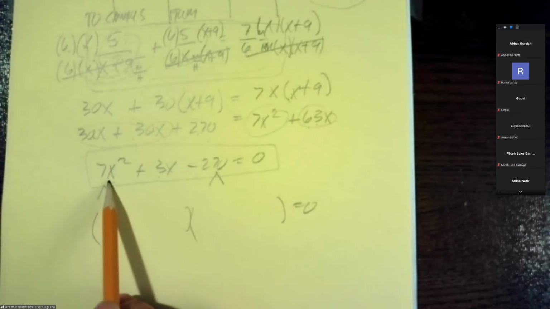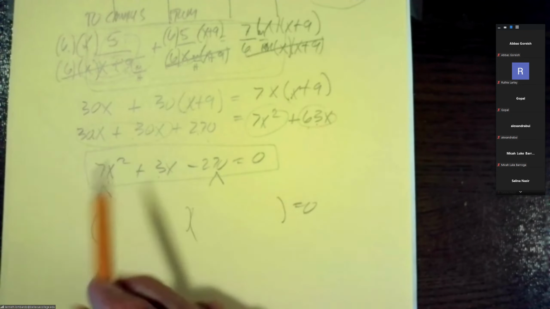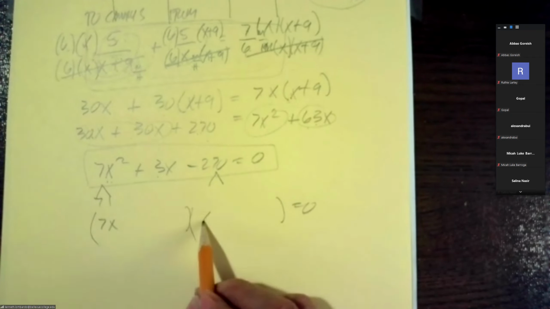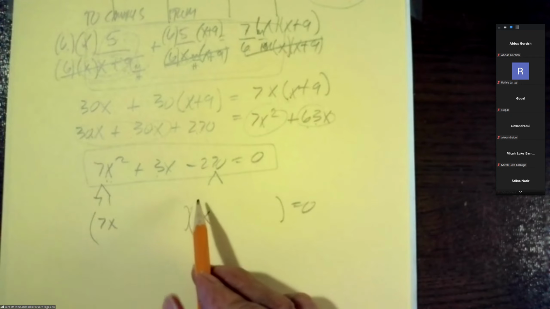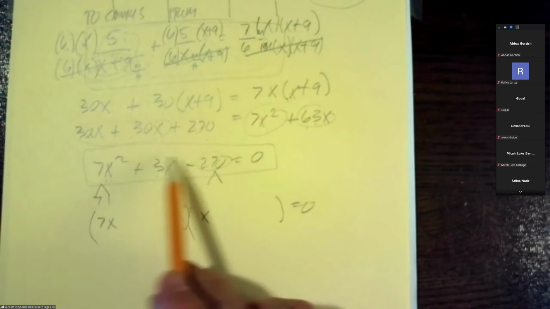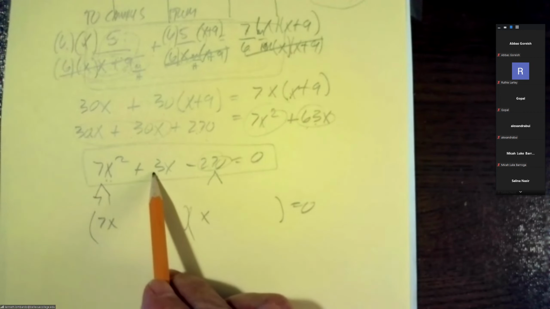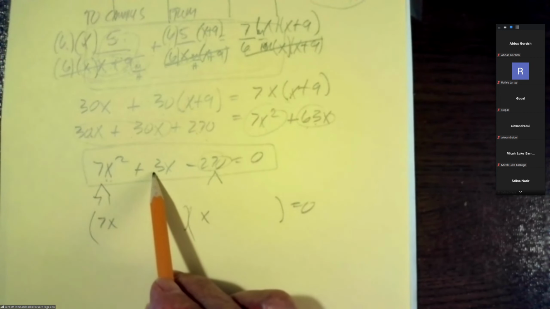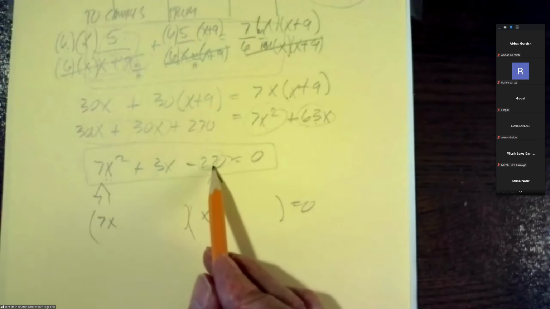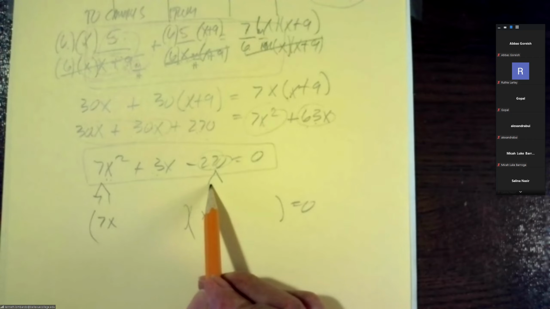Okay, so if that's the case, we just need to factor this thing. Let's see, if we want to factor this, I guess we could say 7 and 1 is an option. 7x and x would give us that. And then we need some factors of 270 that will give us a 3. So the real issue here is how we factor this thing, and we'd have to list the factors of 270.